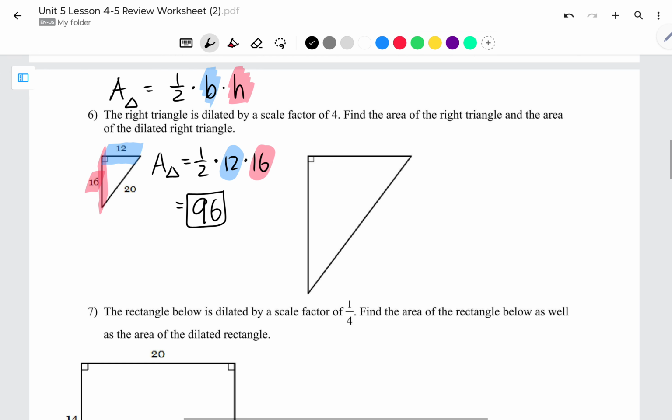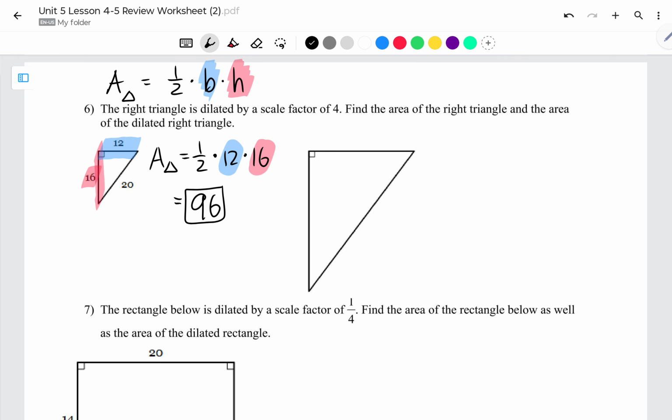You could go ahead and use kind of what we remember from previous units, right? If we have a dilated triangle, the triangles are similar. So that means, right, we know the scale factor is 4.